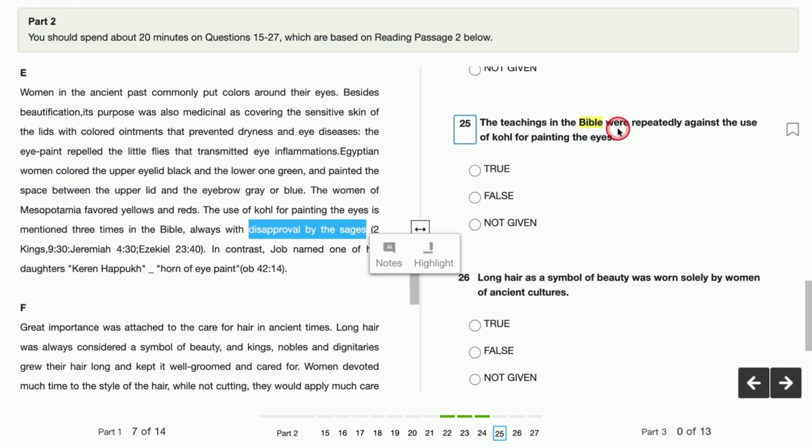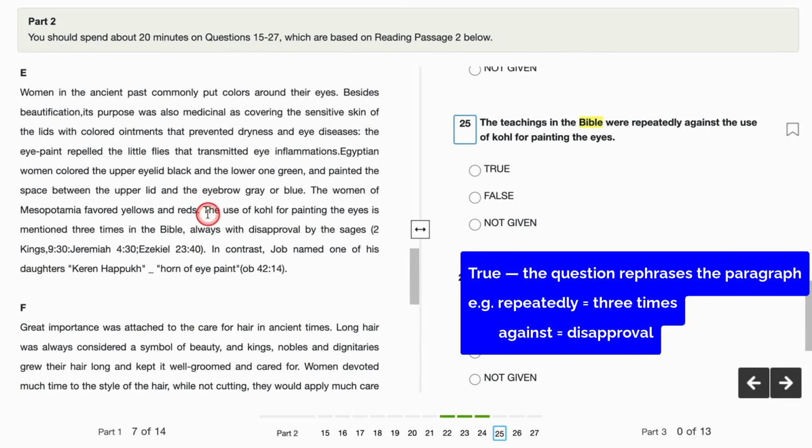So the Bible was actually against the use of this for painting the eyes. What about repeatedly? Yes, it says 3 times, which is just another way to say repeatedly. So this part is actually saying the use of this for painting the eyes is repeatedly disapproved by the Bible, which means exactly the same as the question. So the answer is true.